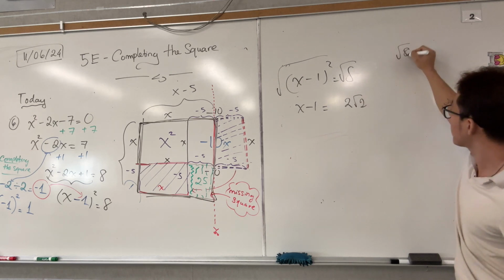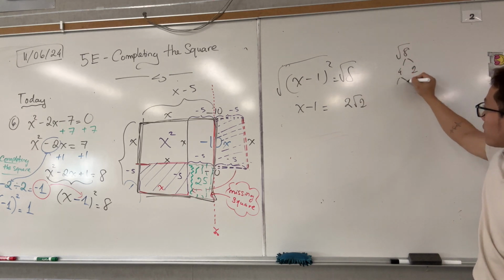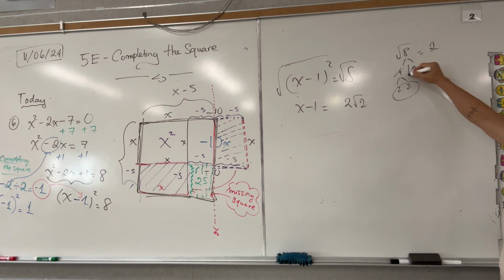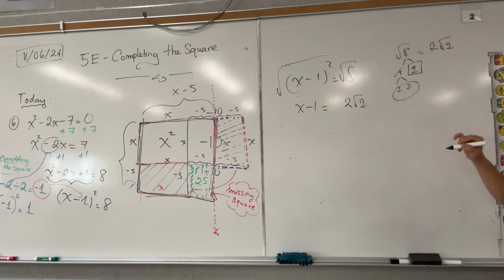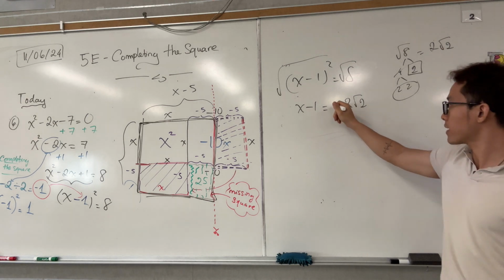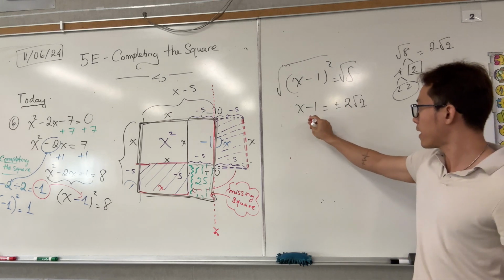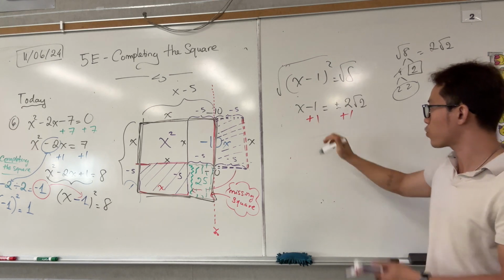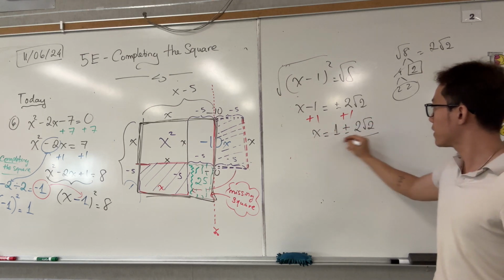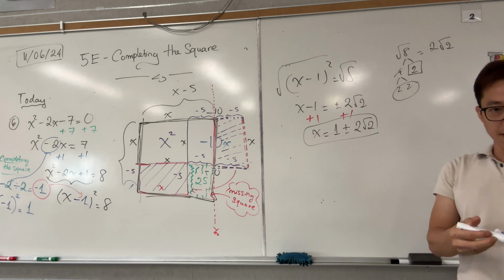Square root of 8 is 4 times 2, and 4 is 2 times 2. Two same numbers, they go out. I still have this one left inside, so 2 square root of 2. So far so good? Plus minus, don't forget that, okay? And then I want to solve for x. I add 1 on both sides. x equals 1 plus minus 2 square root of 2.